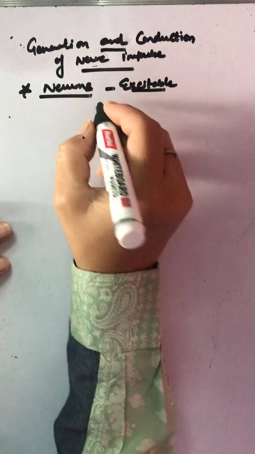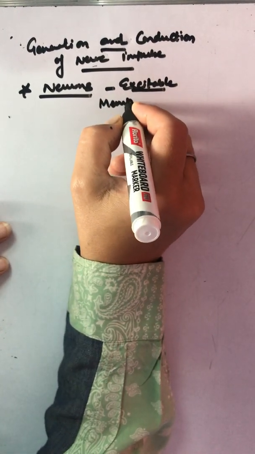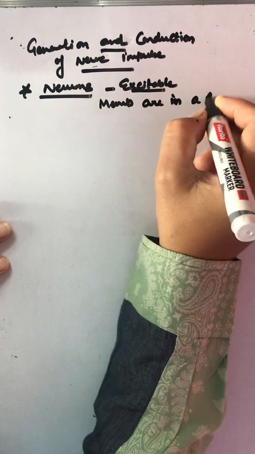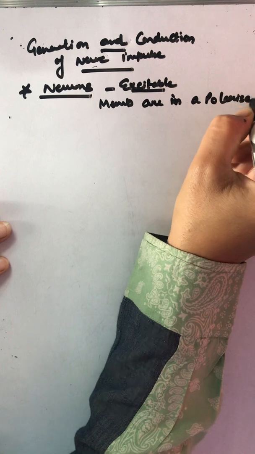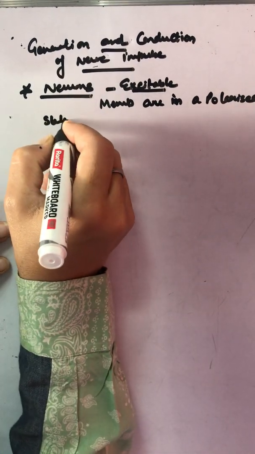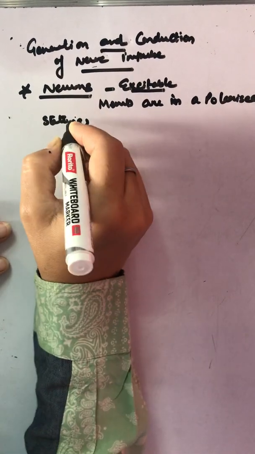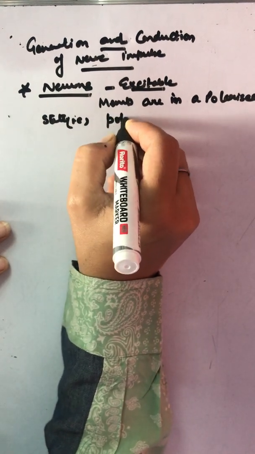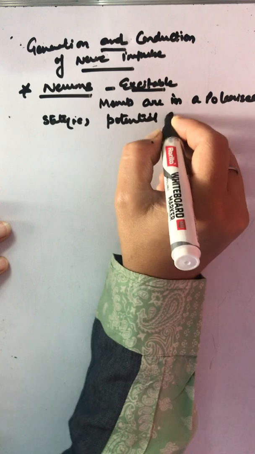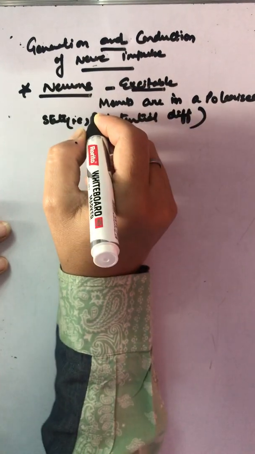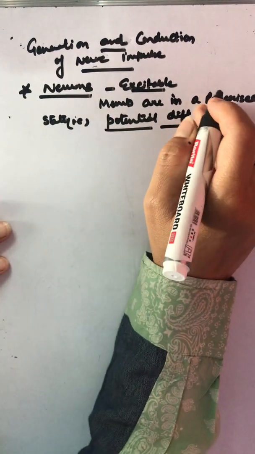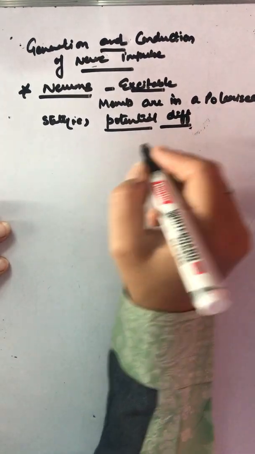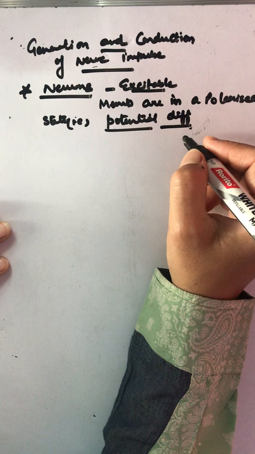Why? Because their membrane is in a polarized state. That is, what is the polarized state? Where there exists a potential difference. Why? Because the transmission of ions takes place, so a potential difference is generated. And this is what we call the polarized state.